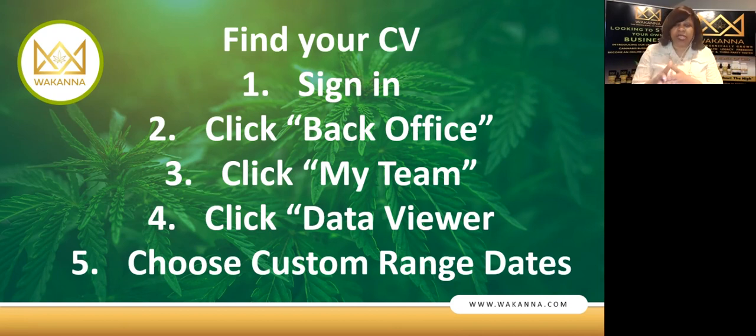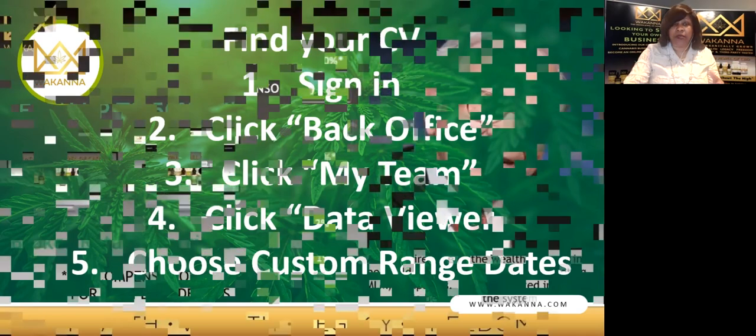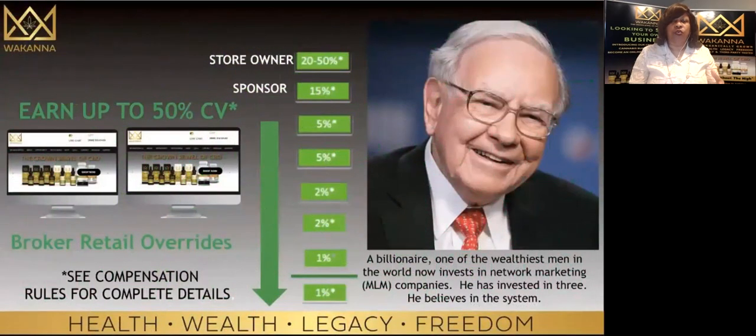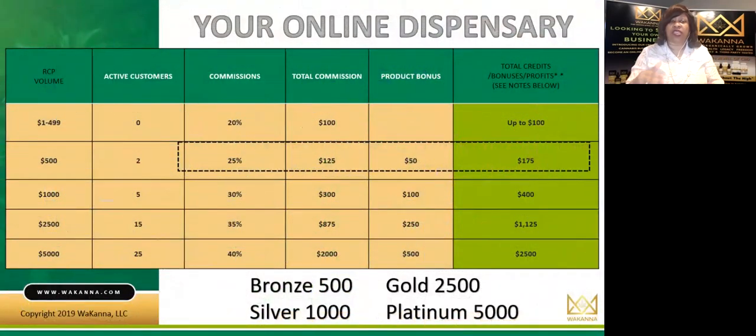And again, you sign in, you go to the back office, you click My Team, and you click Data Viewer, right? You also got to know what monies you are being compensated for. You're being compensated from your website sales and from those who you sponsored and who they sponsored website sales. You're also getting an increase in commission, right?